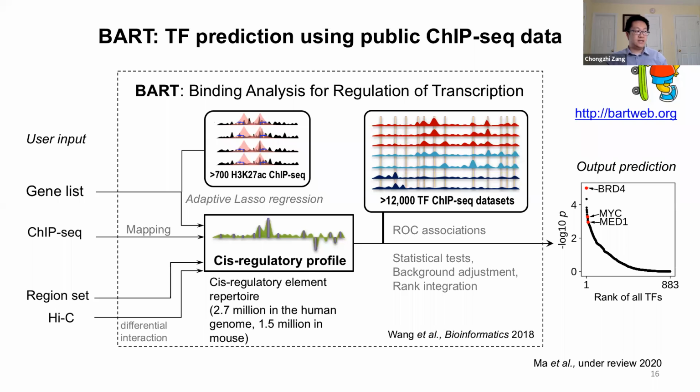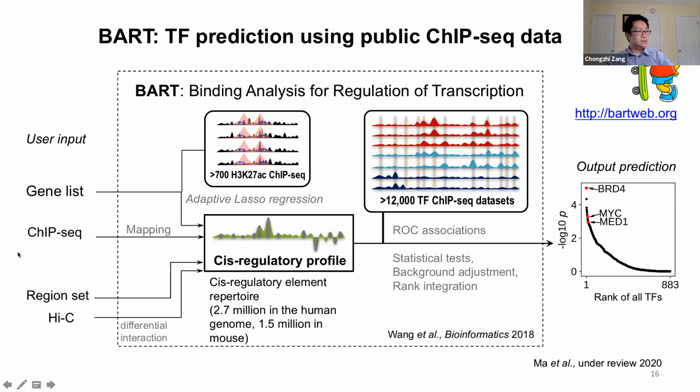Using a gene list, usually from differential expression in a transcriptomic analysis, this tool, purely based on ChIP-seq data, tells you the most confident transcription factors that regulate the expression of the genes in the input list as compared with other genes from the genome.